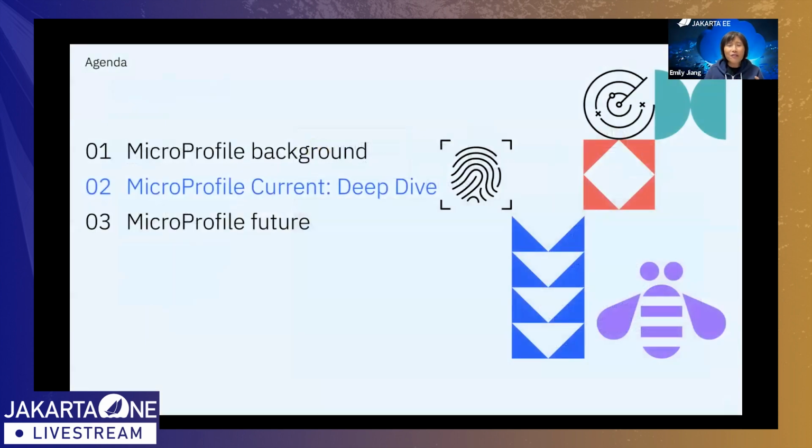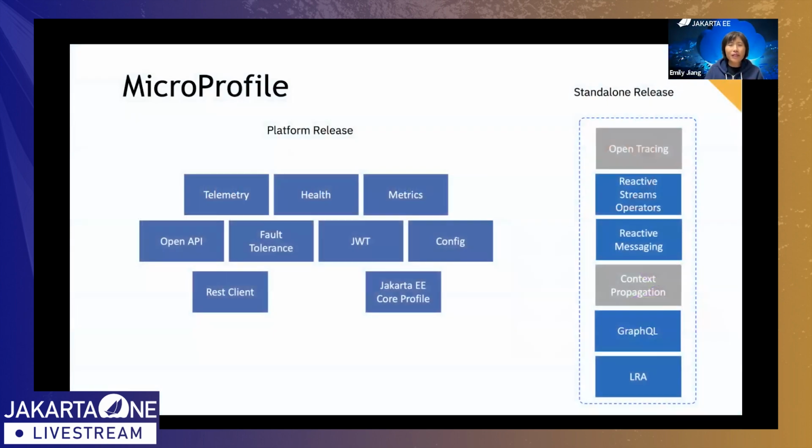In the next few slides, I will do a deep dive and show you everything about MicroProfile, and hopefully with this presentation you will know a great deal about MicroProfile. As you may know already, MicroProfile comes with two flavors of releases. On the left is the platform release.